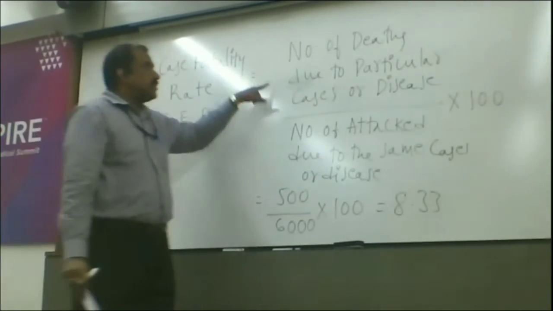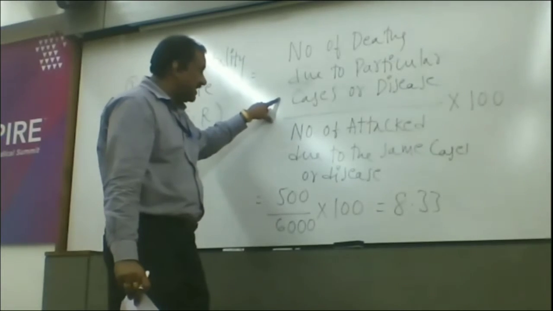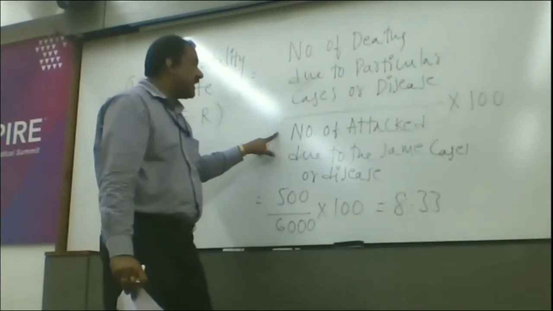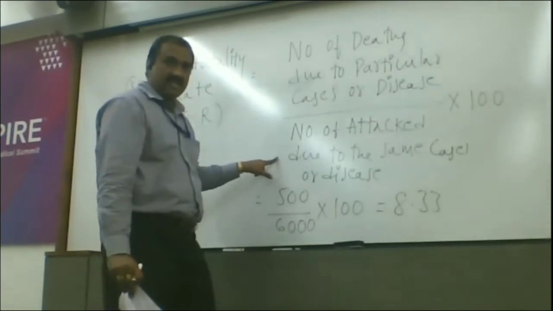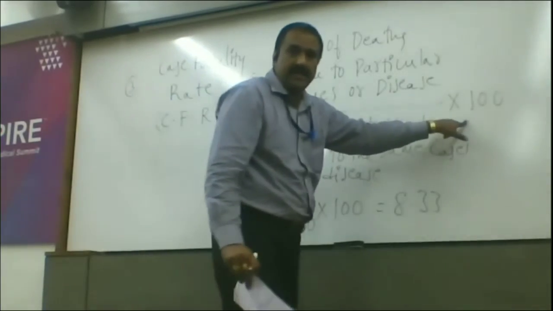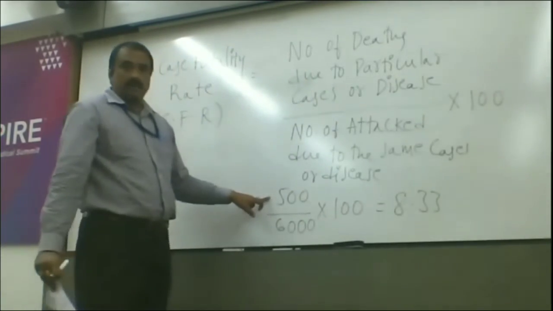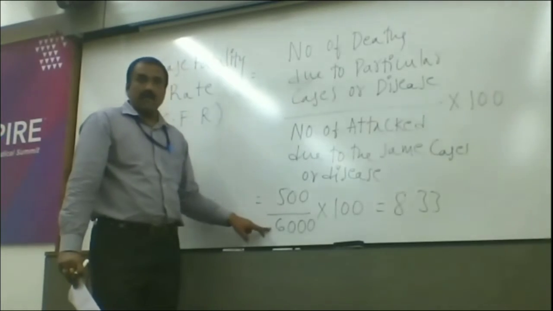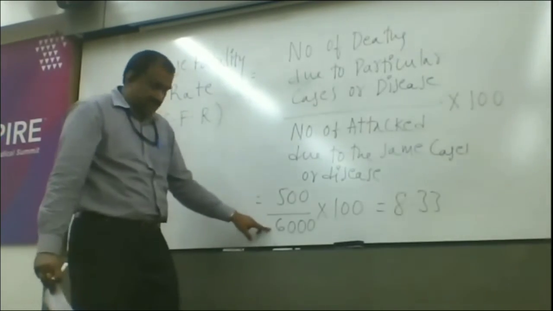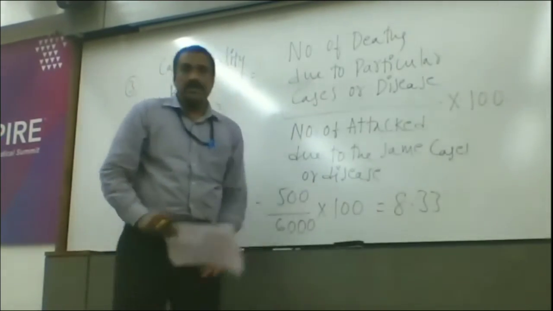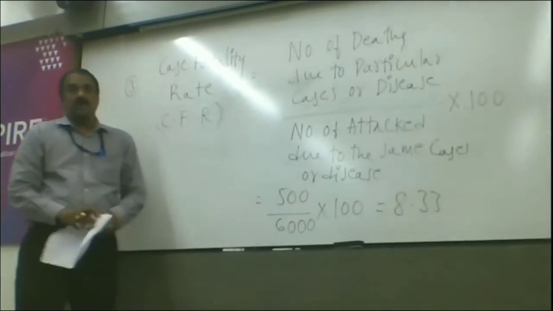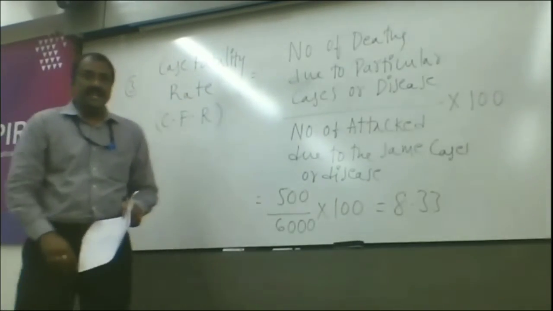Number of deaths due to a particular case or disease divided by number of attacked due to the same disease into 100. Here number of deaths are 500 and the total number of reported cases are 6000, into 100. Then it is going to become 8.33, which is the case fatality rate.